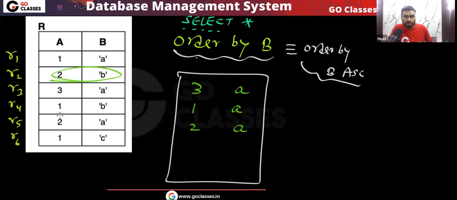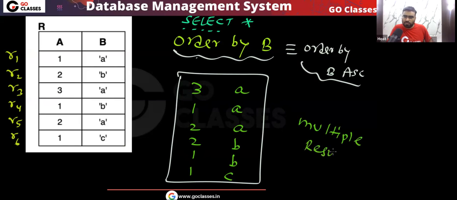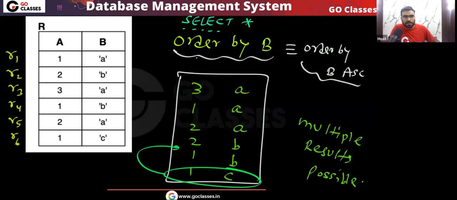Next, 2B, 1B. Next, 1C. Is this clear? Again, multiple results are possible. But there is a guarantee. What is the guarantee? There is a guarantee that 1C will be last.